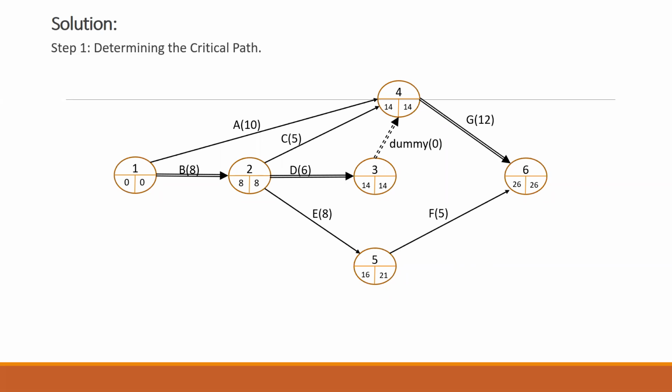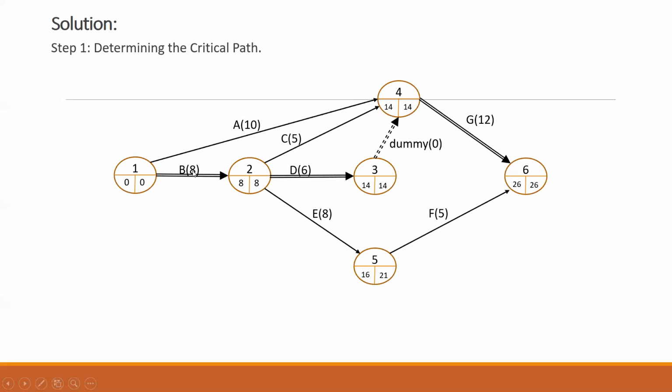Please go through this network diagram. If you look, there's one activity which has been added, which is a dummy activity, 3-4, with duration 0. And the critical path is coming on 1, 2, 3, 4, and 6.